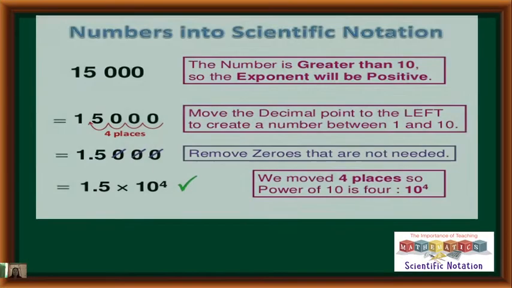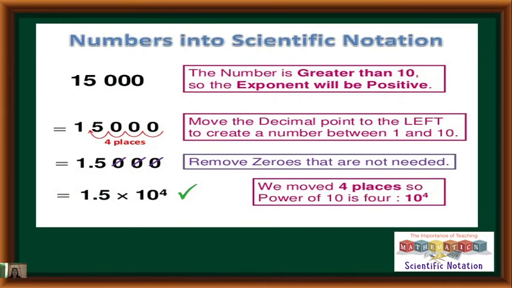Okay, so let's have here an example. The given number is 15,000. Take note that 15,000 is greater than 10. So the exponent will be positive. Next. Okay, so let us try to follow step number 1.